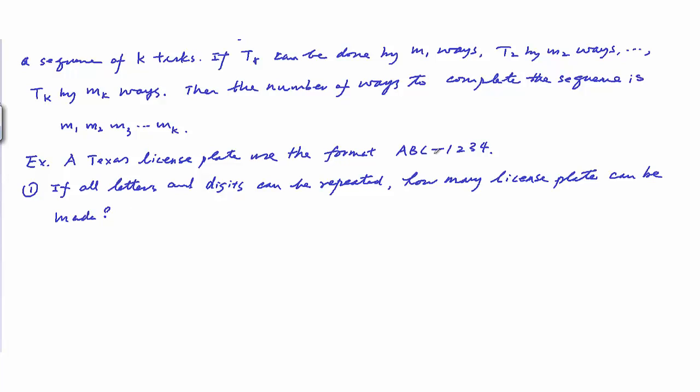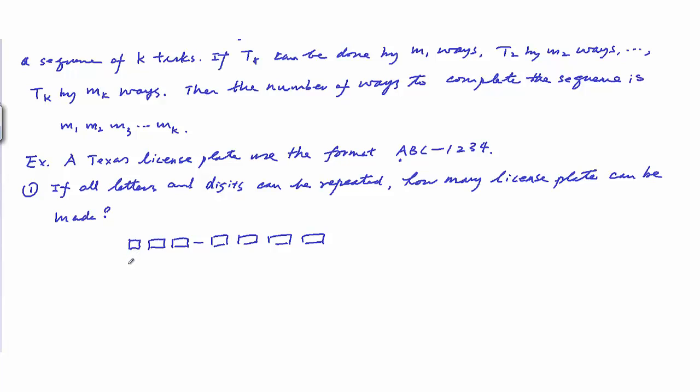In this case, you look at how many ways to put in each spot. A license plate has 7 spots, 3 letters and 4 digits. For this spot, we look at how many ways to put in the spot.